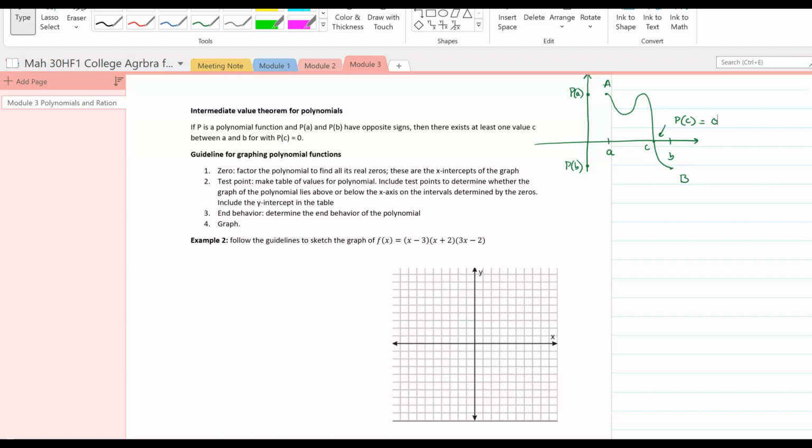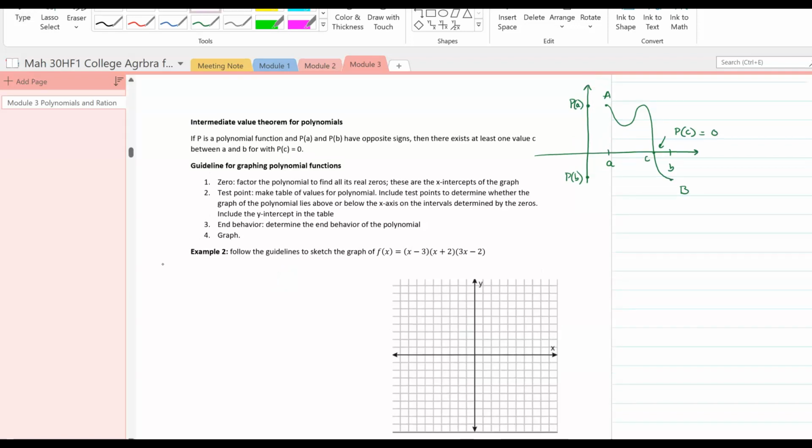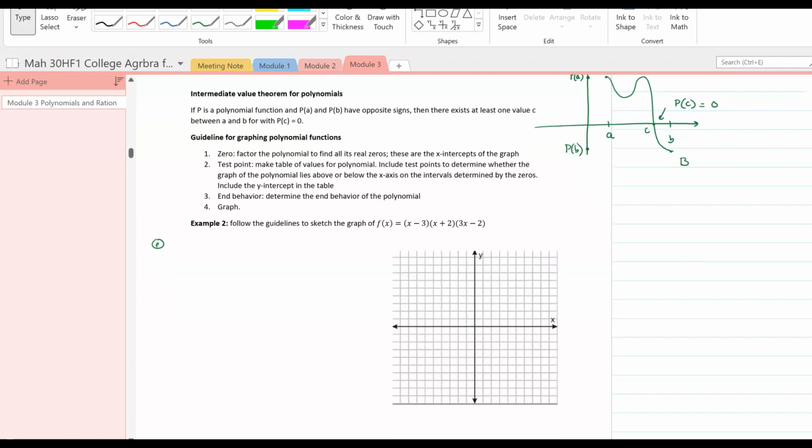Okay, so let's try this. First, we will factor the polynomial to find all the real zeros. This polynomial is already given in factored form. So let's set f of x equal to 0 to find the real zeros.